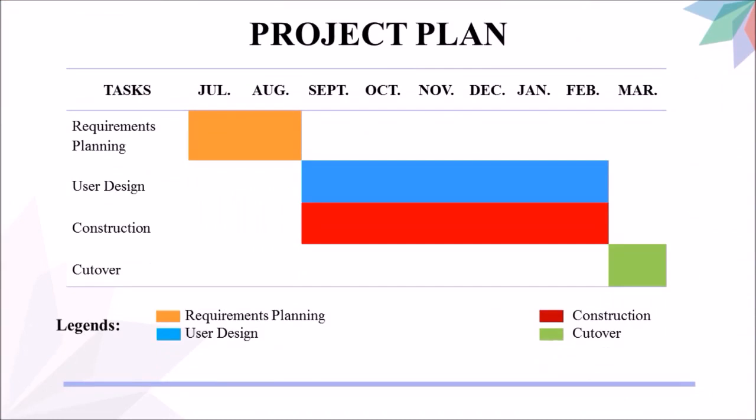We, the researchers, started the requirements planning in the month of August, the user design and the construction of the system from September to February, and lastly, the cutover in the month of March.